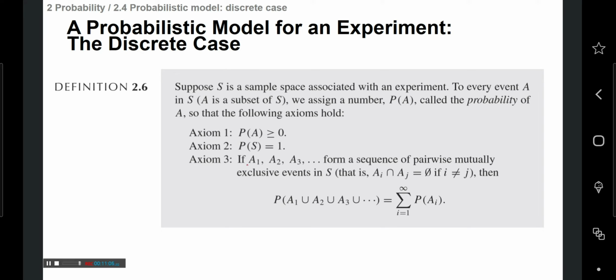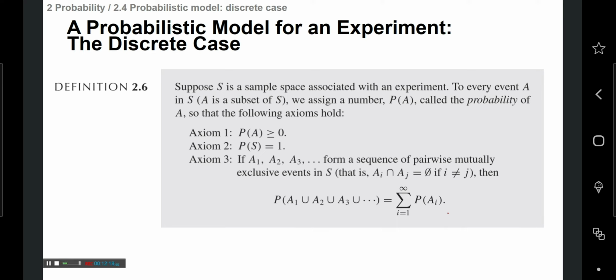And for Axiom 3, if events A1, A2, A3, and so on form a sequence of pairwise mutually exclusive events in S, that means that for any Ai and Aj, the intersection of those two events is the null event, then the probability of A1 union A2 union A3 union and so on can be expressed as the sum from i equals 1 to infinity of the probability of Ai. Those are the three axioms to generalize probability in the set notation that we defined before.